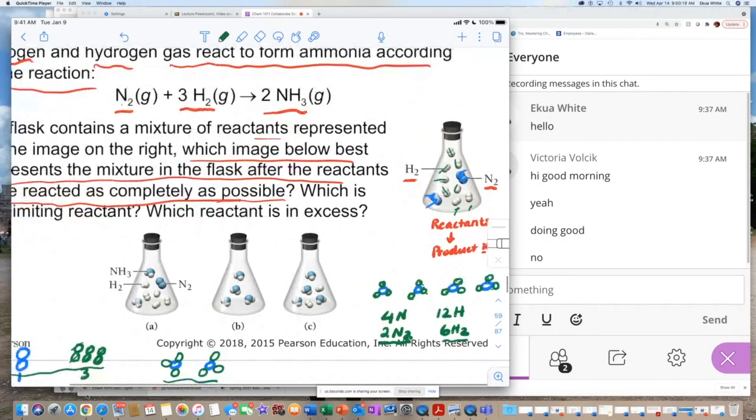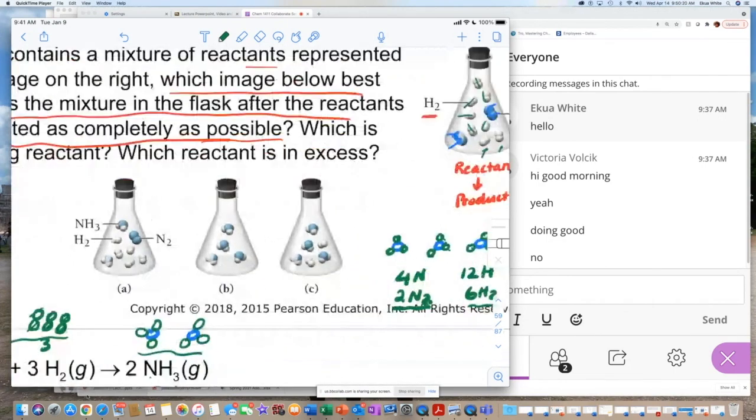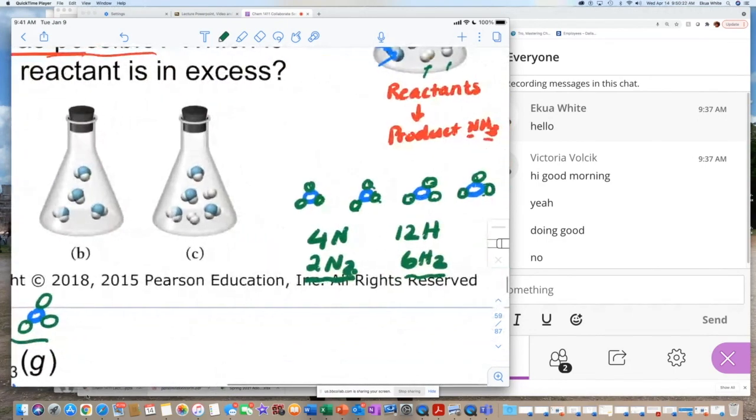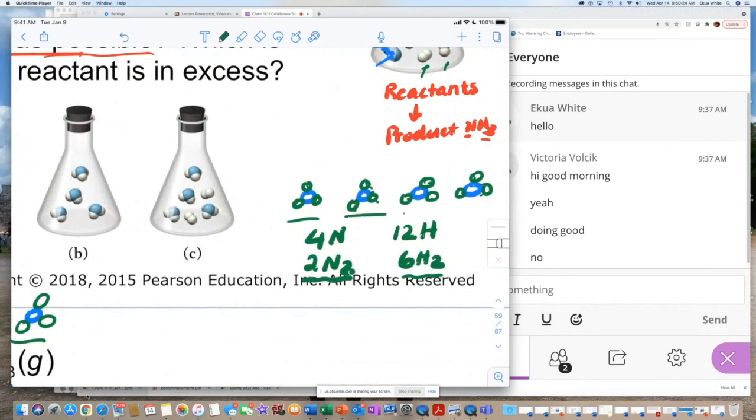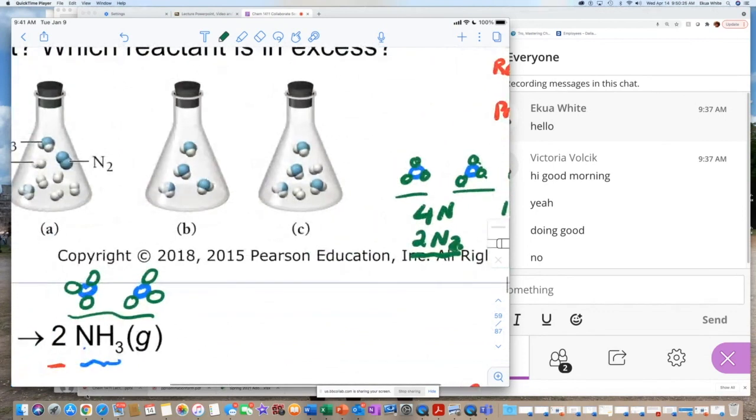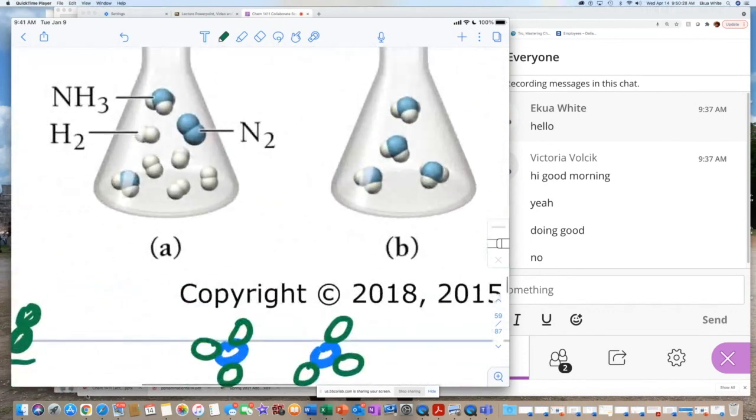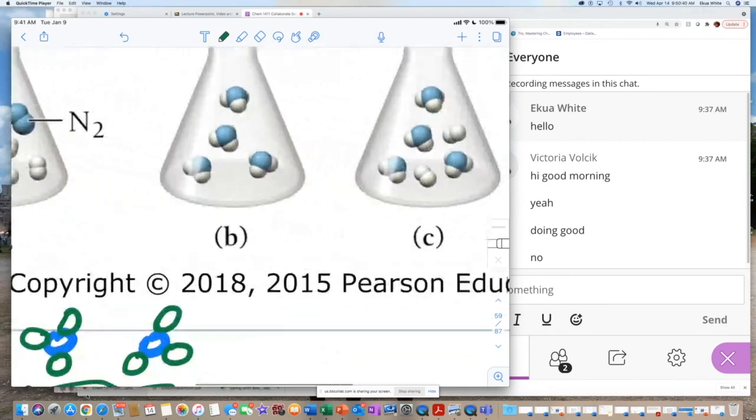They said, which of these flasks shows your product? I know that I have to make 4 NH3s, right? Which one has got 4 NH3? Let me see. They said the one with the big blue circle and then the three white circles, that's NH3. I have one, I have two. Oh, so it's not A. I need to get to 4.